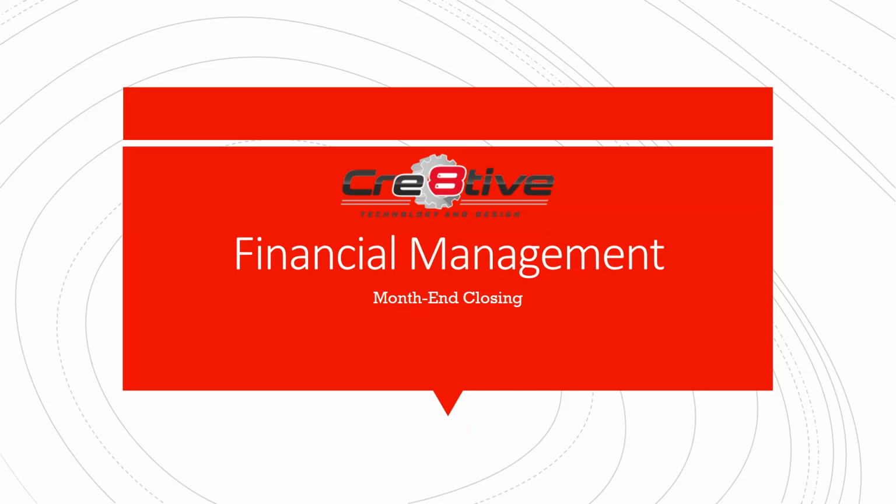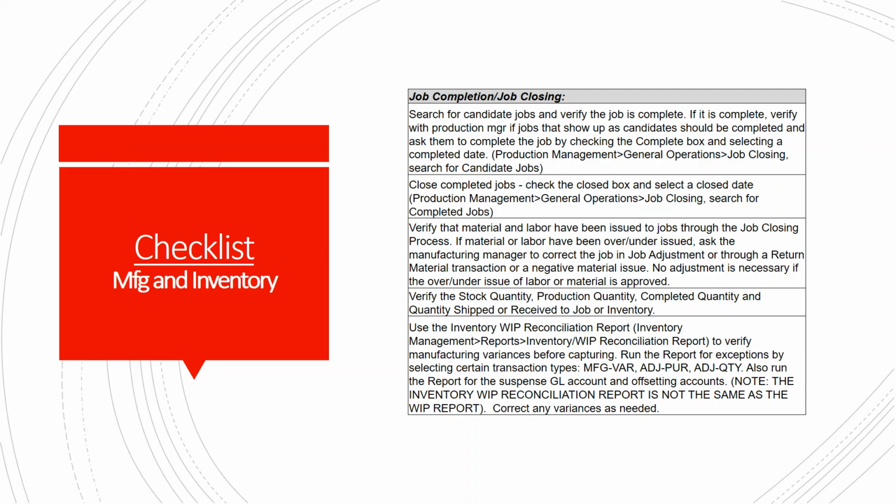You can keep this checklist as a verification process as you go through your closing every month, especially at the year end as well. So we've broken it down into different areas or categories. You're certainly going to go over your manufacturing and inventory tasks related to production job completion and closing.